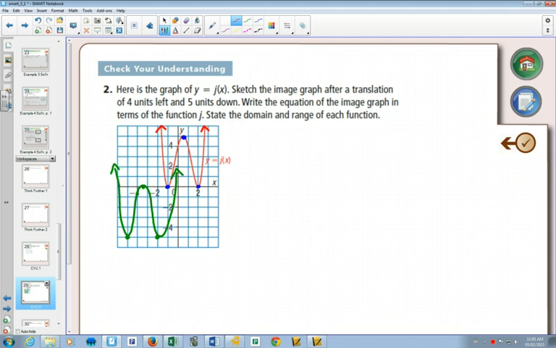Now we want to write an equation. Again, here's this language again: equation of the image graph in terms of the function j. So we have to decide what'll be inside the function, what's outside of the function, how that's going to work. And so our green graph: inside of the function moves things left and right.